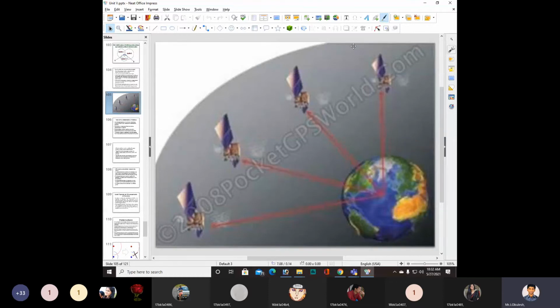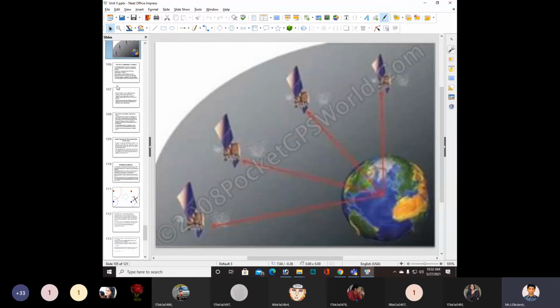From this diagram, we will be able to know that. You need to see the diagram carefully.